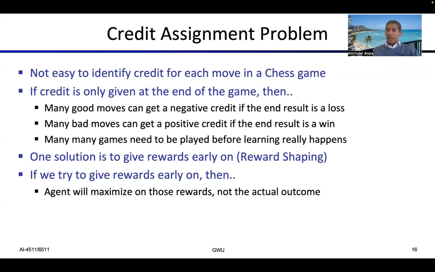So up till a certain point the agent was winning, then it ended up losing. So now, if that's the only time when we give the rewards back to the agent, we might mistakenly give the credit or the debit back to all the states that are leading up to it, even though there was only one action that turned out to be not a good move.